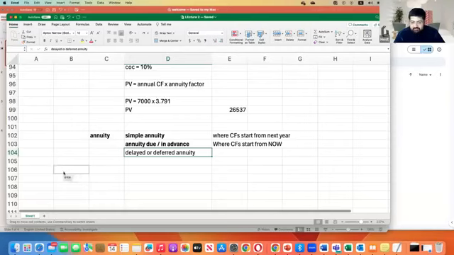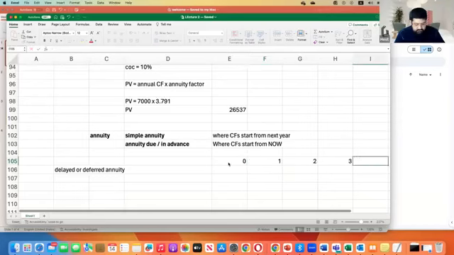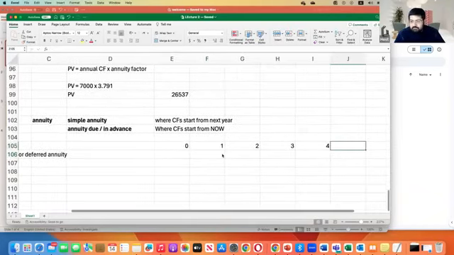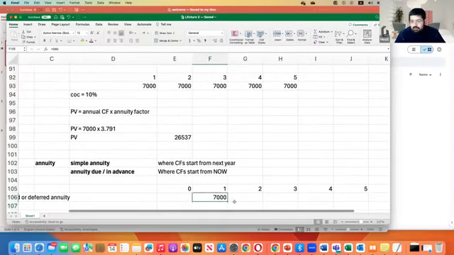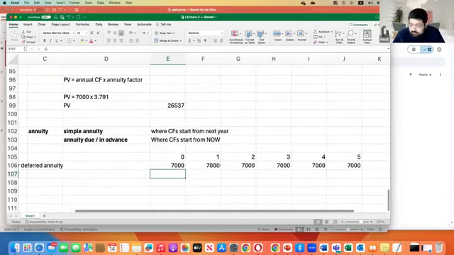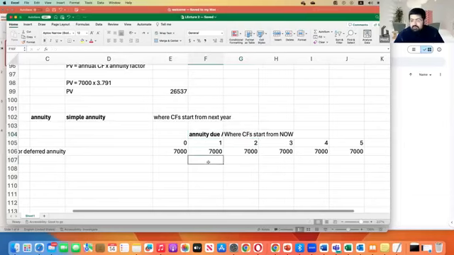For example, year 0, 1, 2, 3, 4, and 5. You get 7,000 today and in the next 5 years as well. Now, cash flow is starting now.